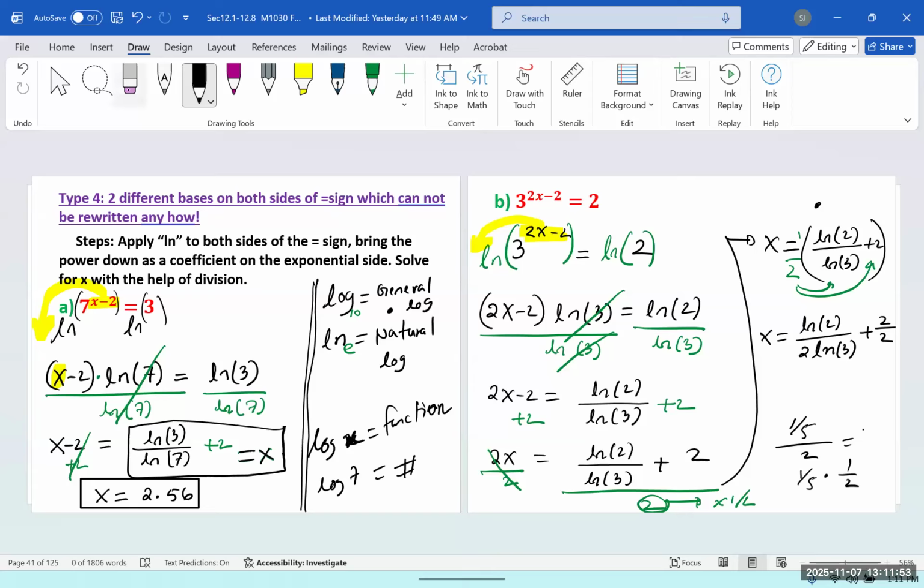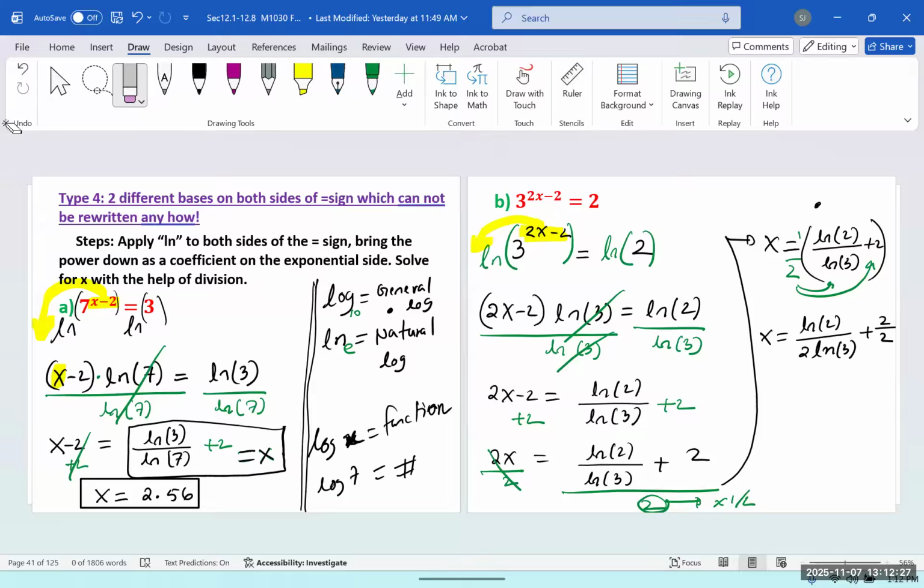Just like we learned with the outer layer and the inner layer. It's a trick they taught us. So in this case, let's say you have ln of 2, ln of 3, and divided by 2.